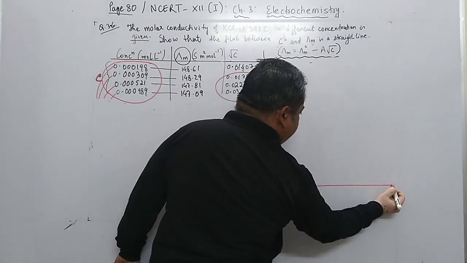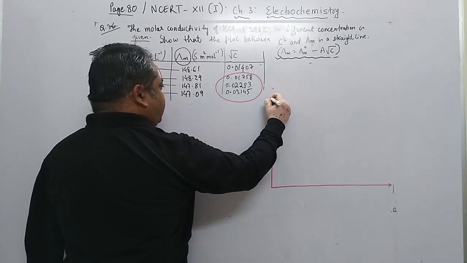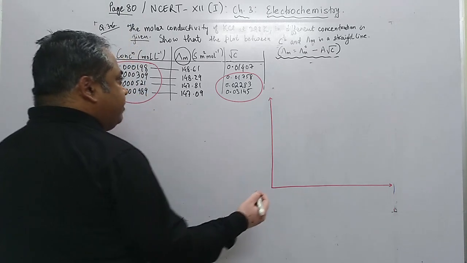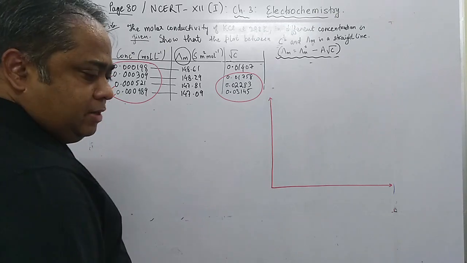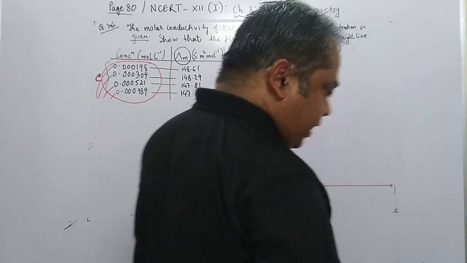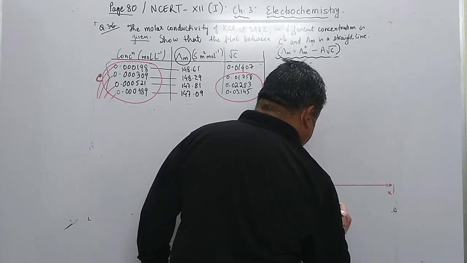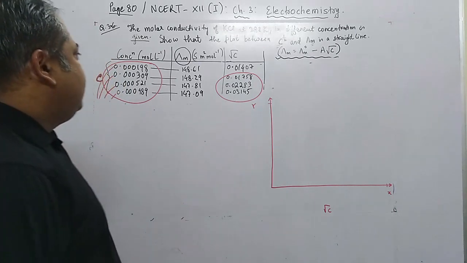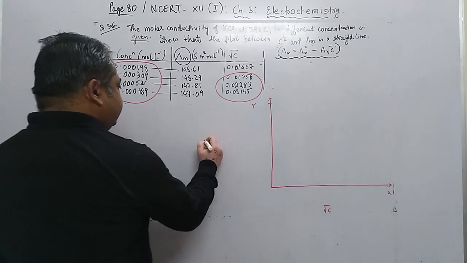I wish I had a digital board in which I could have just brought a ready-made graph and then put the values, but since I am doing it manually, it will be like this itself. On the x-axis, we will keep the value of root C, and on the y-axis, we will keep the value of molar conductivity.